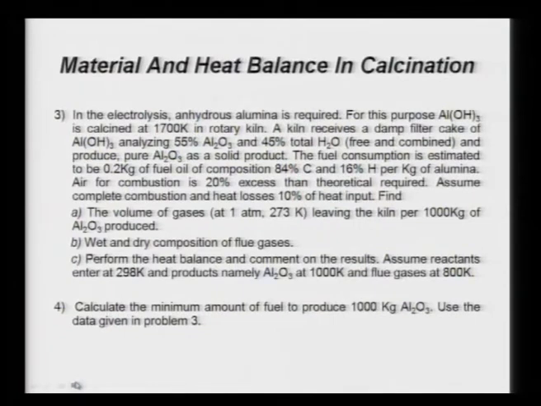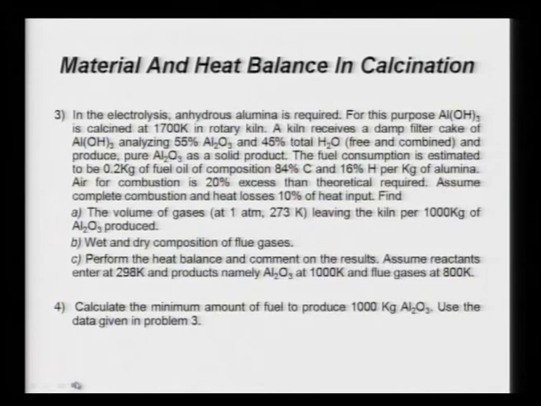You see, a source of energy is also required, and therefore the energy calculation is a very important step in almost all pyrometallurgical extractions. Say you are using around 0.2 kg per kg alumina, that is around 200 kg for 1 ton of alumina in order to have that anhydrous alumina.